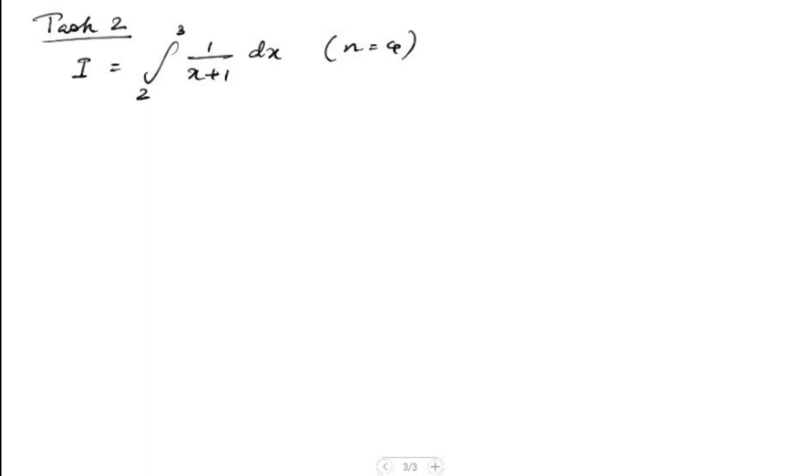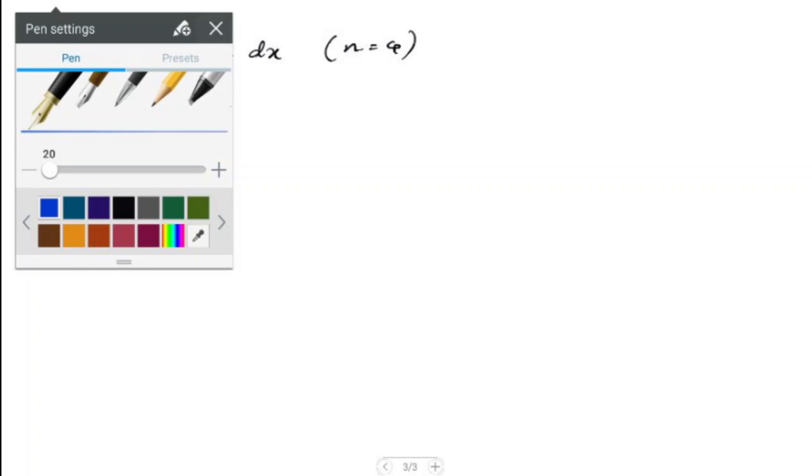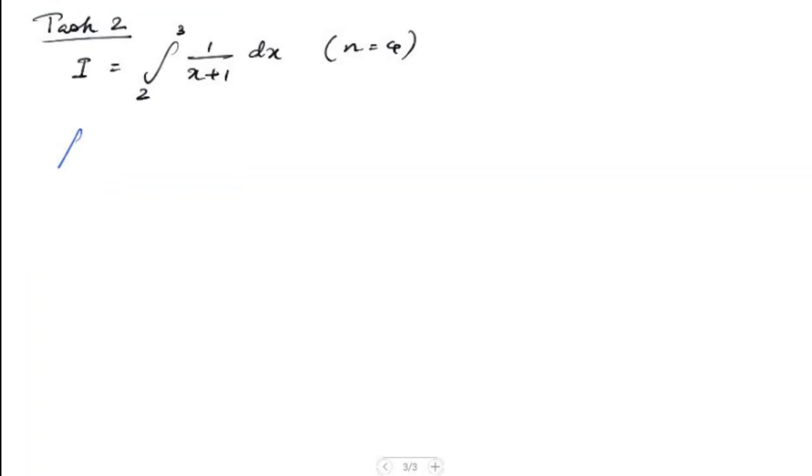Now writing down the integration formula for multiple segment Simpson's 1/3 rule: the integral from a to b of the function f of x dx is approximately equal to h over 3 times f of x0.